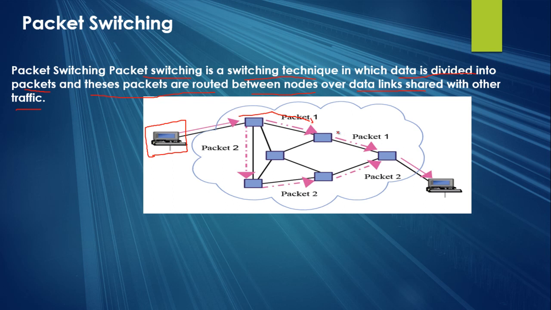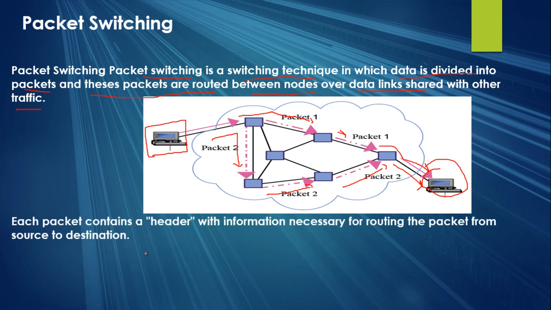You can see that packet 1 is going to the destination through this path, whereas packet 2 follows this path: it comes to this station, then moves to this station, and ultimately comes to the destination. Both packet 1 and packet 2 travel from source to destination through different paths, and ultimately they finally reach the destination system, right.